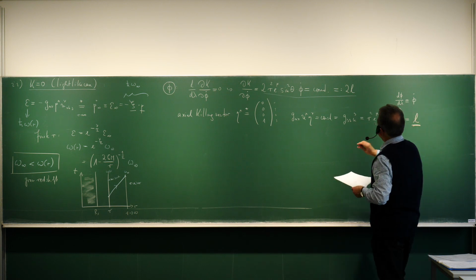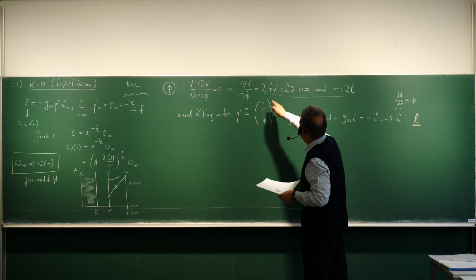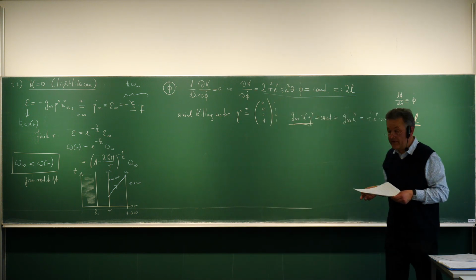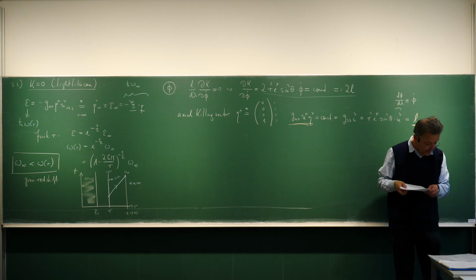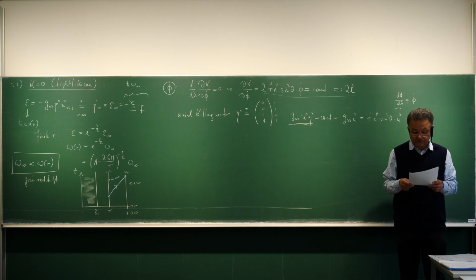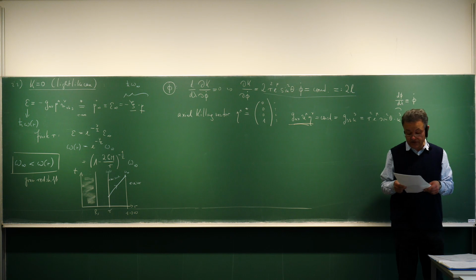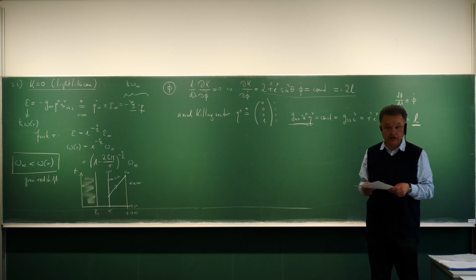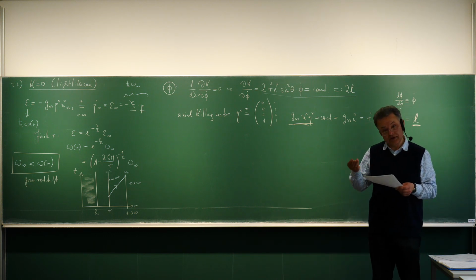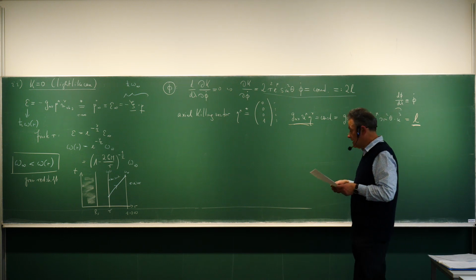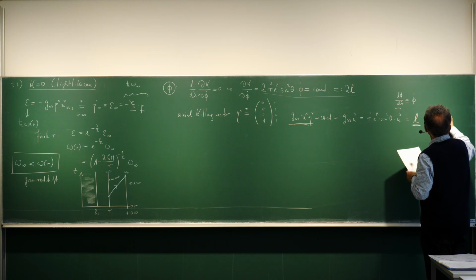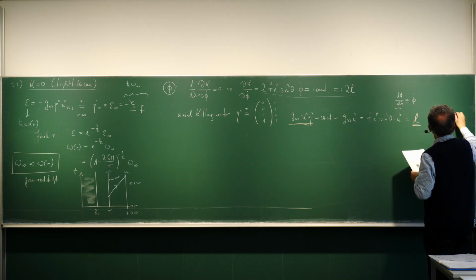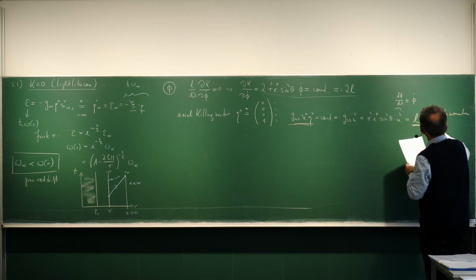So the conserved quantity related to the axial Killing vector is that small l, and you will see in a moment that this can be interpreted as the angular momentum of that test particle per unit mass, so that it becomes dimensionless. So I can write it already here: angular momentum per unit mass.